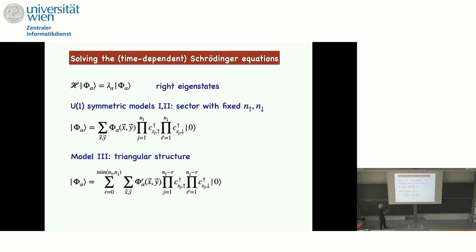Which means the eigenstates, once I fix n up and n down, can only involve states with at most n up and n down fermions or fewer. Because of that triangular structure, you can always solve this. The problem with the hierarchy is that it takes you off to infinity, but here it terminates.